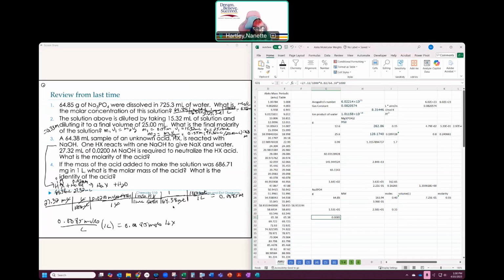And I know that that was made by putting the 686.71 milligrams in there. So now I know how many milligrams per mole, right? So I can take 686.71 milligrams over 0.0085 moles.